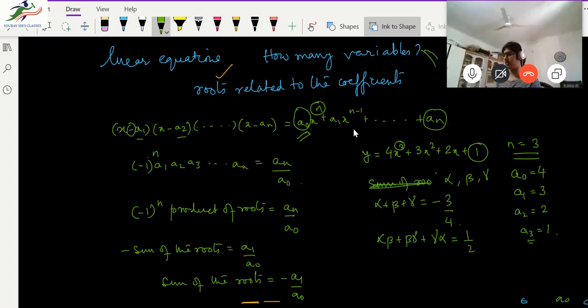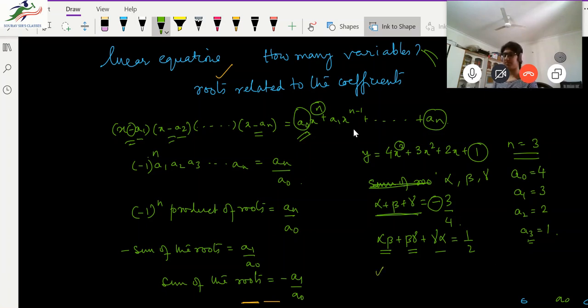Remember this: you have a minus with all the coefficients, right? So whenever you are taking the sum of the roots singly, alpha plus beta plus gamma, the minus will remain. Whenever you are taking the product of two, that means minus into minus, which is plus.